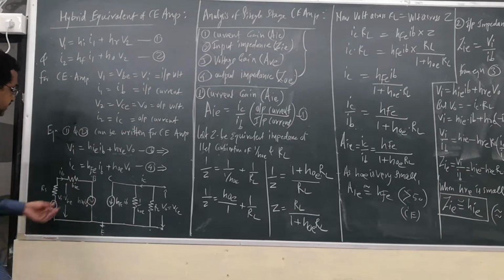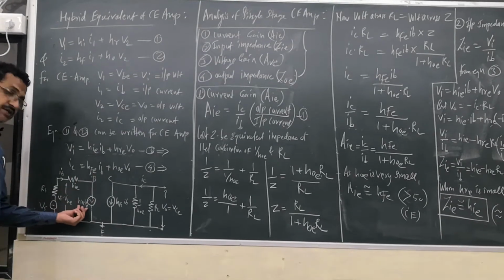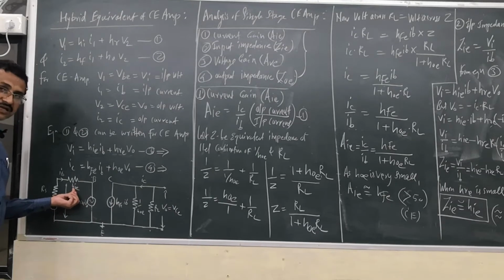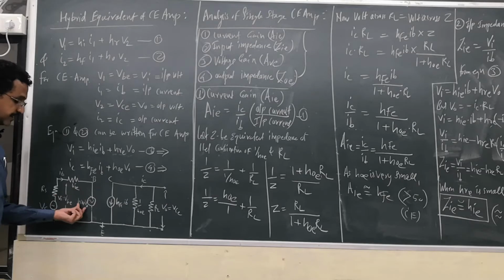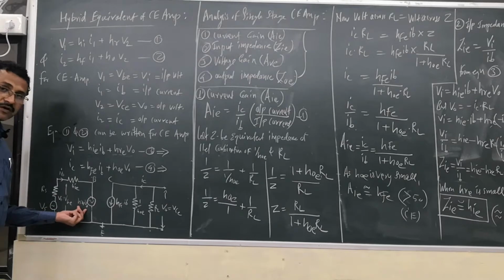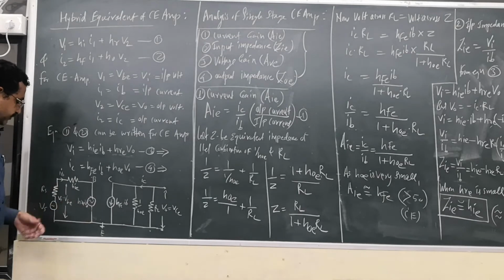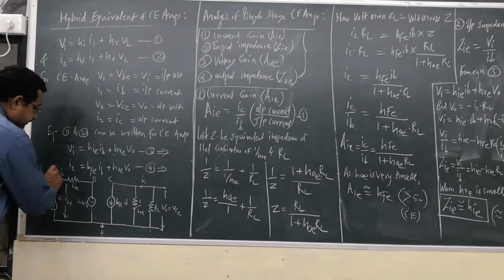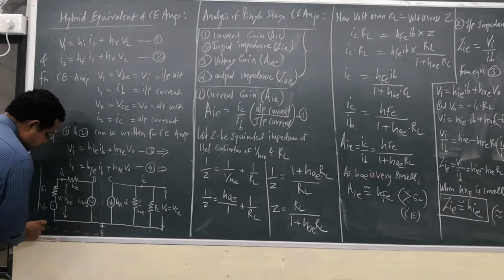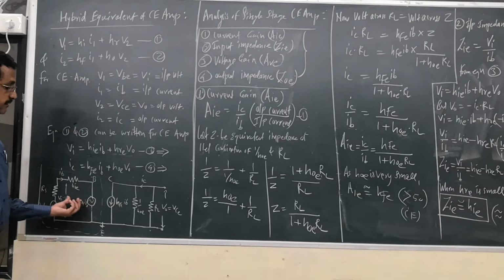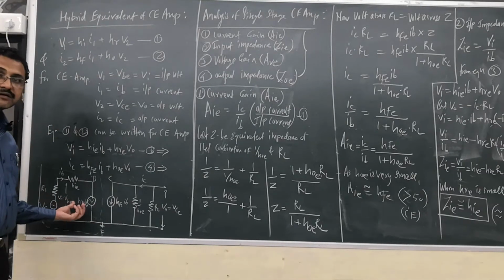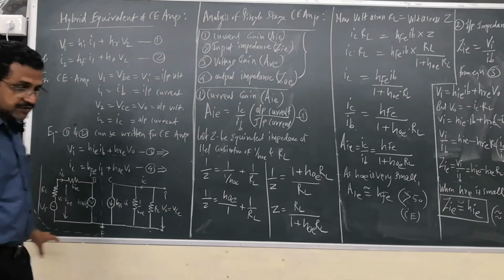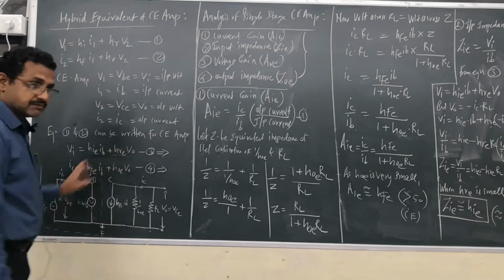That represents the AC output voltage HRE VO in series with HIE, that is the input resistance, whereas VS is the source voltage and RS is the source resistance. This represents the common emitter junction of the CE amplifier, from equation number 3.